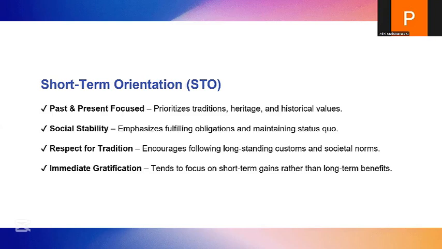They always have very short-term targets to achieve, are involved with their current situations, and respect their tradition. Rather than long-term benefits, they go for very short-term benefits and targets.